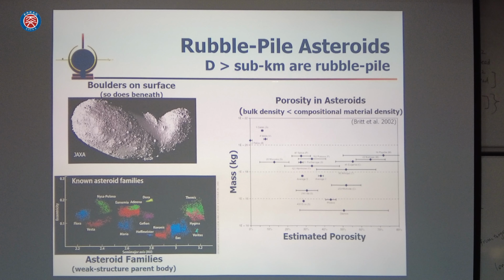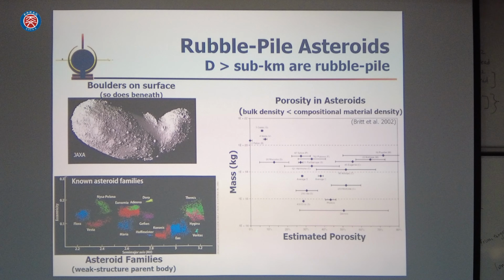And also, we believe there is some porosity in asteroids. When you compare the bulk density to the compositional material, you always see that the bulk density is smaller than the compositional material, which means there is some empty space in the asteroid.